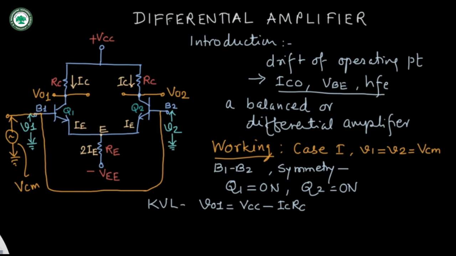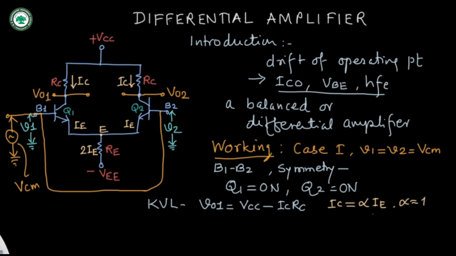And as we know, IC in terms of IE is alpha into IE, and alpha is almost equal to 1 or less than 1.